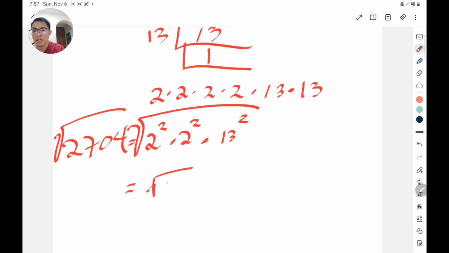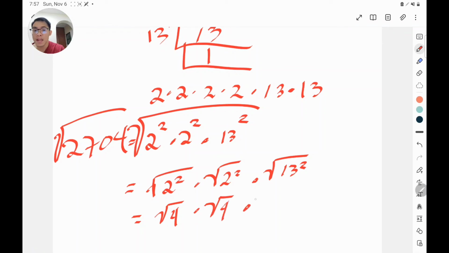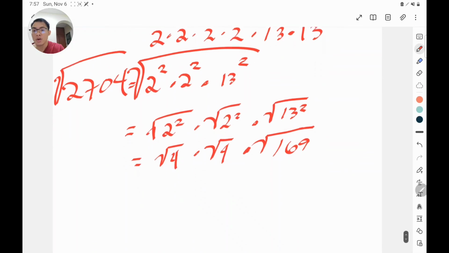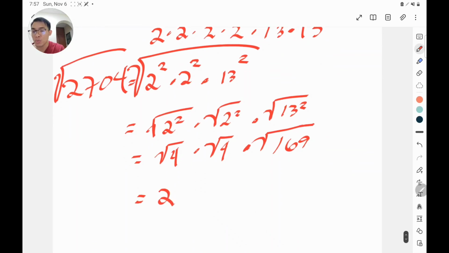So we have 2 squared times 2 squared times 13 squared, and we both know that 2 to the power of 4 is 16, or rather we have the square root of 4 and the square root of 169, correct? Now the square root of 4 is 2, we both know that.